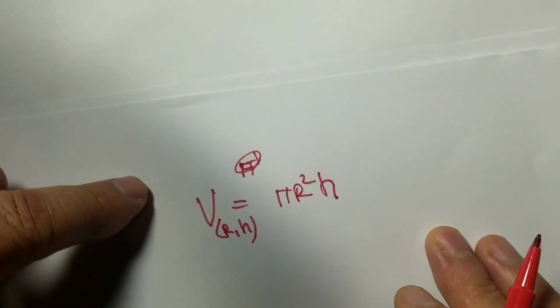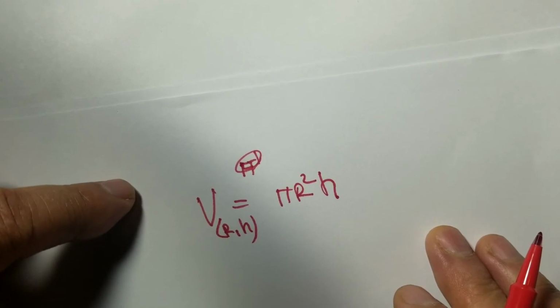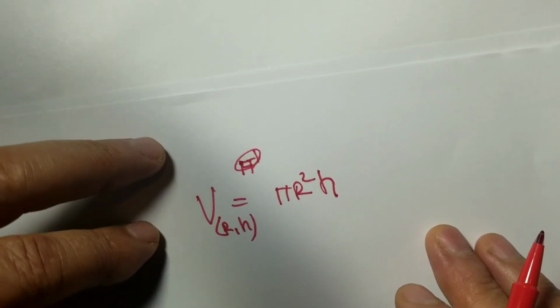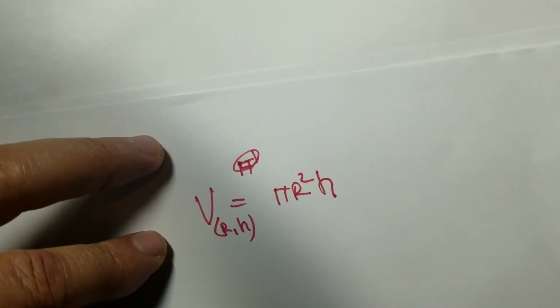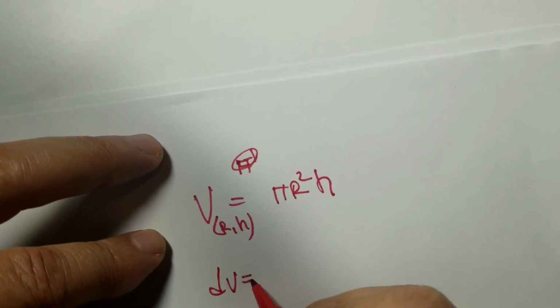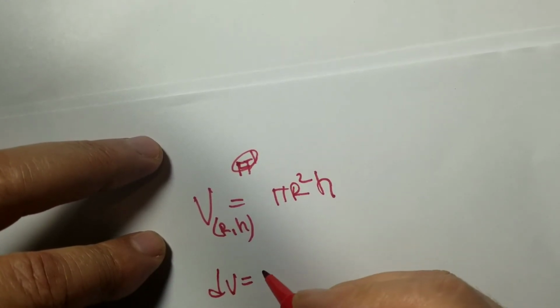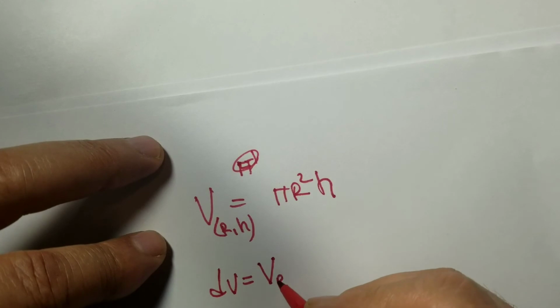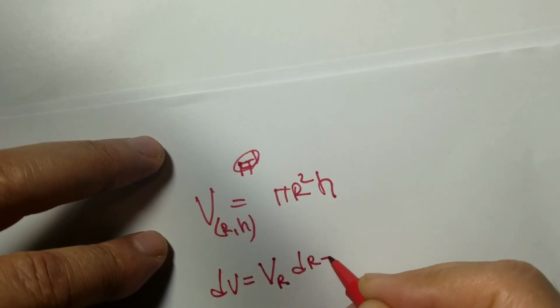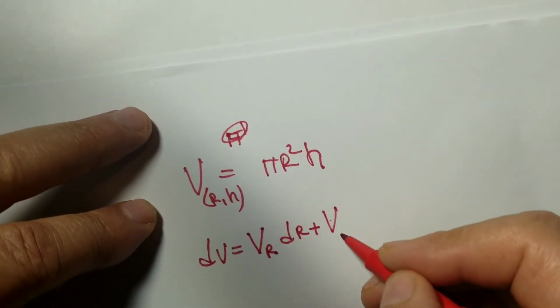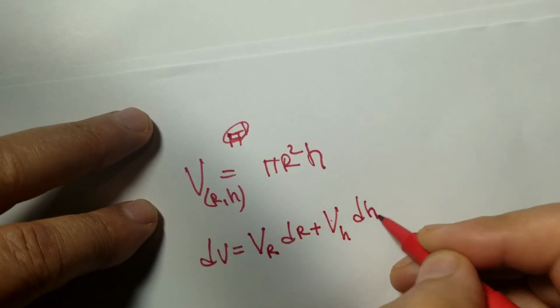But in here, I am in multivariable. I can take care of it. By total differential, what is your dV? It is the derivative of V with respect to r times dr plus the derivative of V with respect to h times dh.